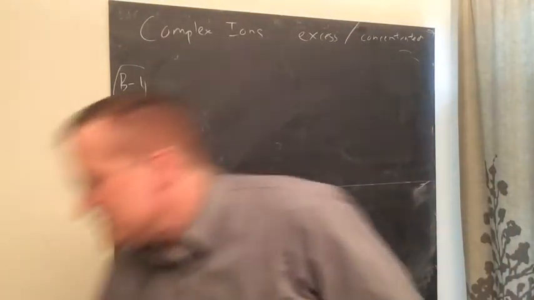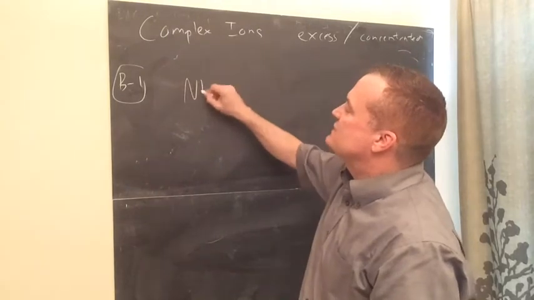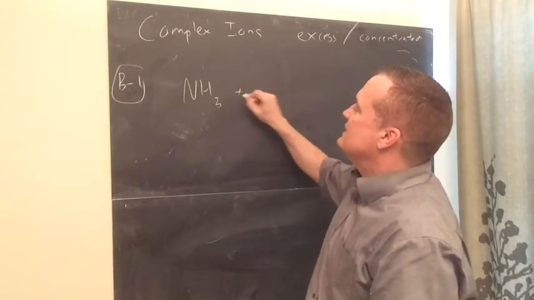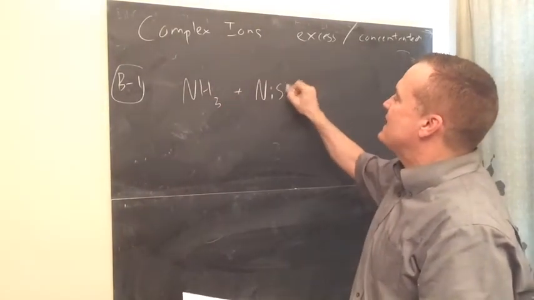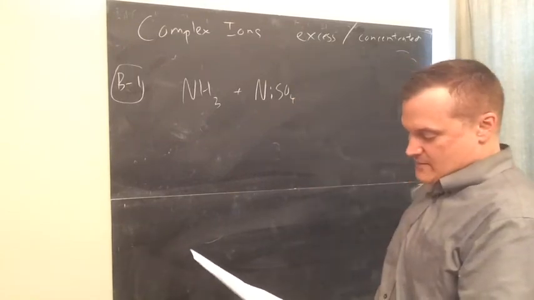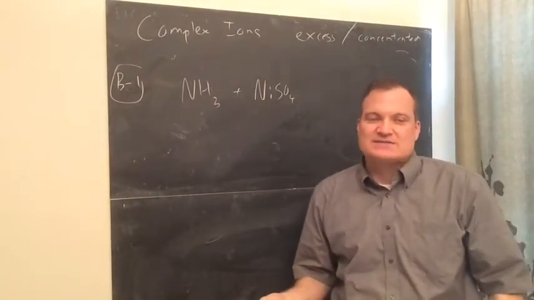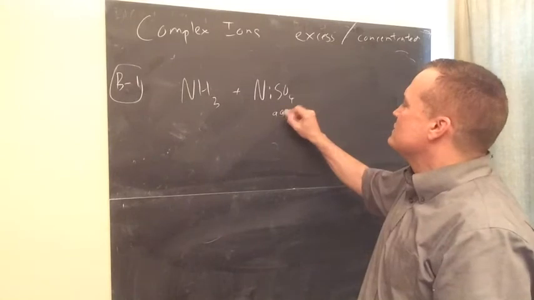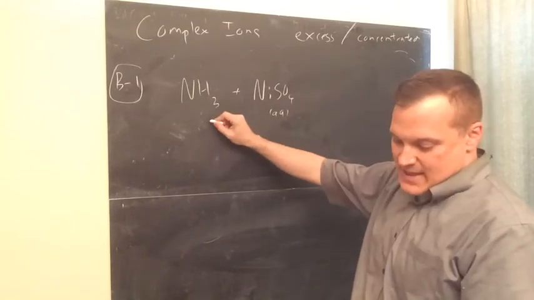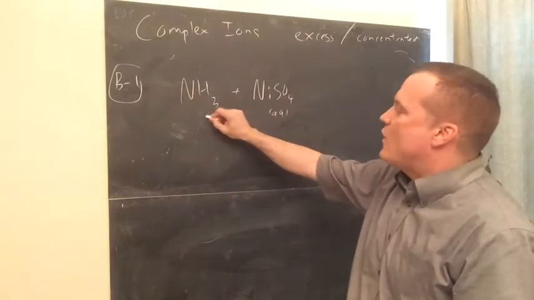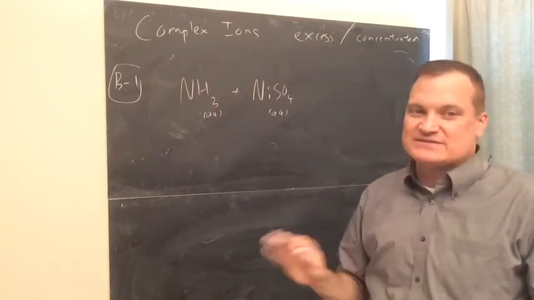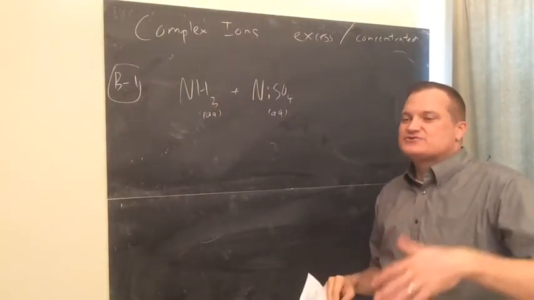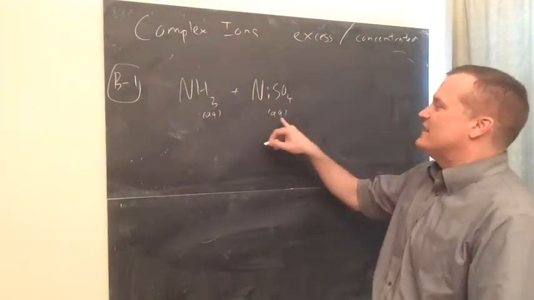Ammonia is NH3, nickel 2 sulfate is NiSO4. Let's make it nickel 2 sulfate solution. Excess concentrated ammonia will always have to be a solution, so they don't have to say the word solution. But excess concentrated ammonia is added to nickel 2 sulfate solution.